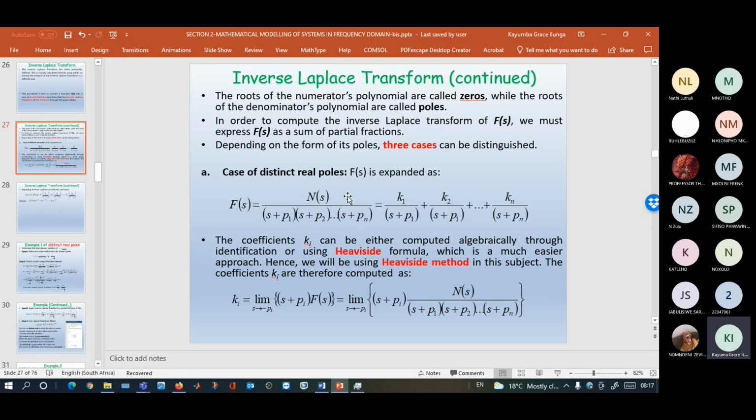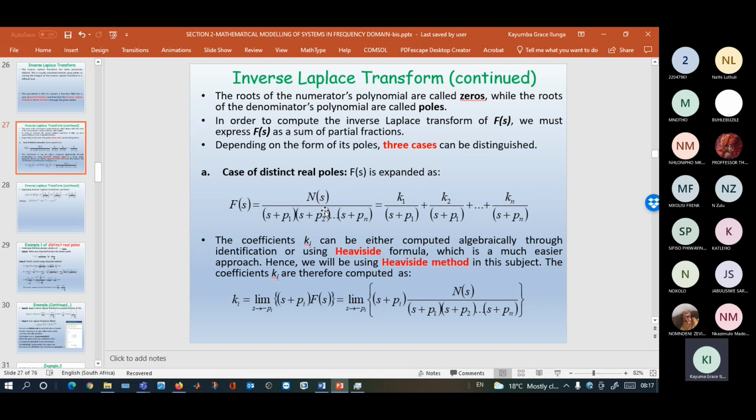So to put it in a simple way: zeros are the roots of the numerator, and poles are the roots of the denominator of a function in a frequency domain. These two elements are very important for us to be able to solve the partial fraction, especially the poles. They play a big role in finding the inverse Laplace transform.